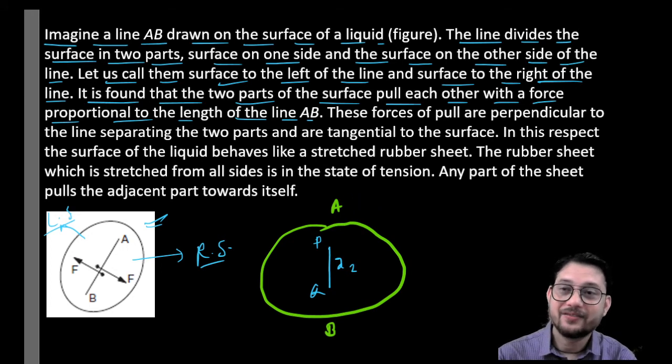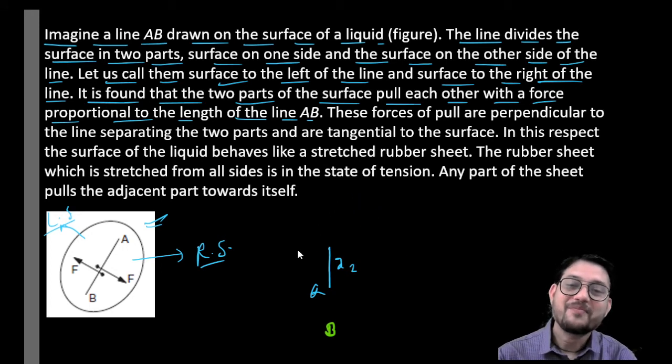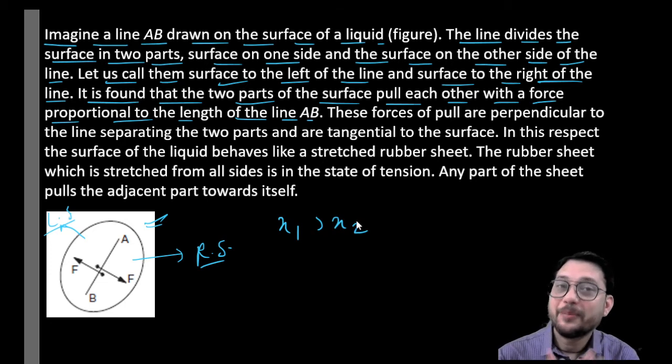As I have drawn the diagram, we find that x1 is greater than x2. So x1 is the length of the line AB, and x2 is the length of line PQ.